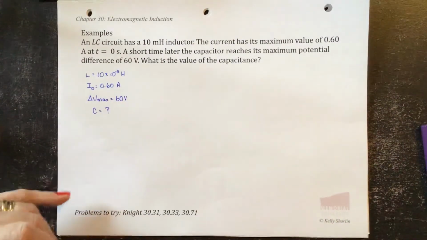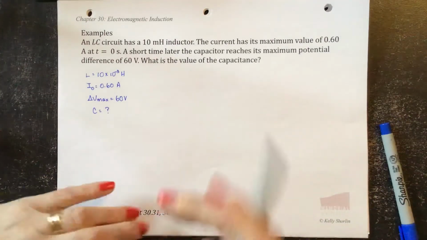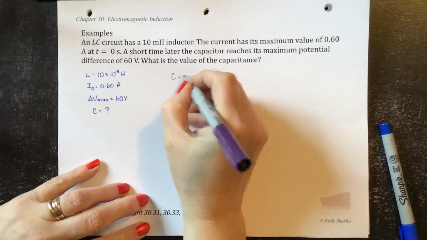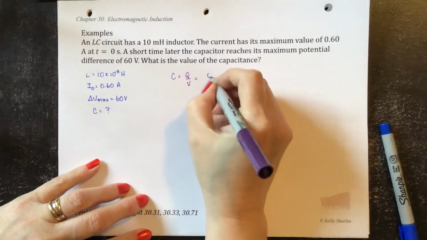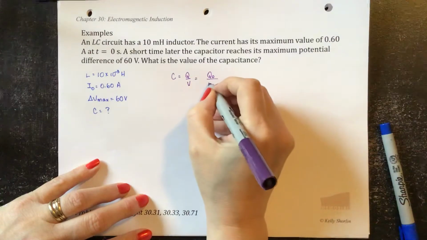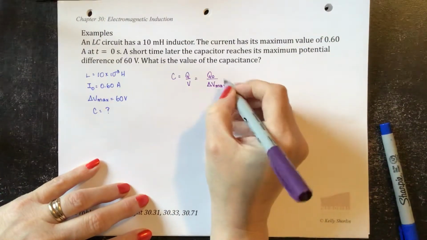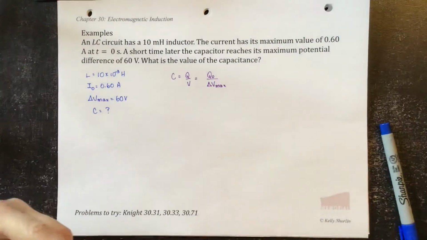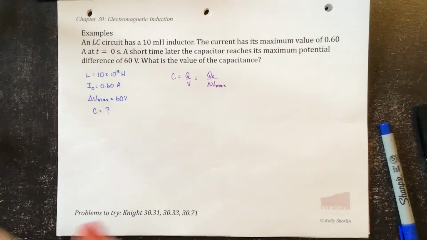What is C? So let's start with how we are going to figure out C. Well, we know that capacitance C is charge divided by potential, so the maximum charge divided by the maximum potential difference. Delta V max is fine. What about Q0? Well, we don't know Q0, but we do know something about the current.